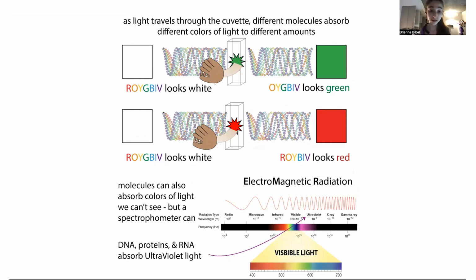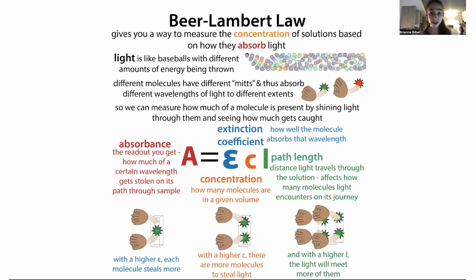And then if you use the Beer-Lambert law, you can directly correlate that to the concentration of the molecule, because the more you have of the thing that absorbs the light, the more light is going to get stolen. And therefore there's this direct relationship you can use, and different molecules steal different amounts of light in terms of their molarity, so how many copies they have.